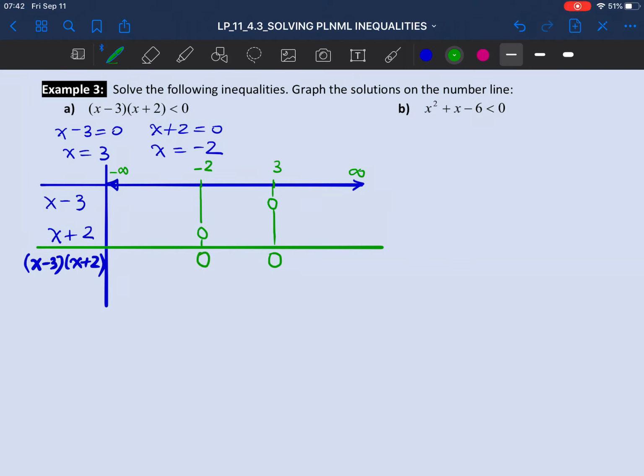And that will make the whole product 0. So we can list the zeros first or mark the zeros. And now we're looking at x minus 3. That's where the 0 is. For numbers bigger than 3, we're going to say that x minus 3 will be positive.